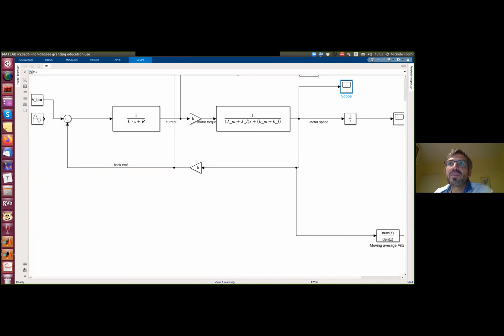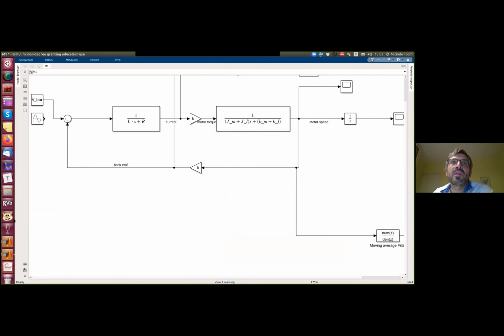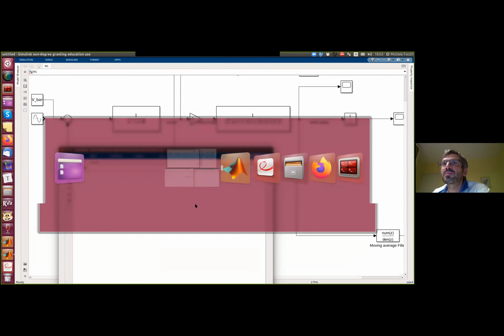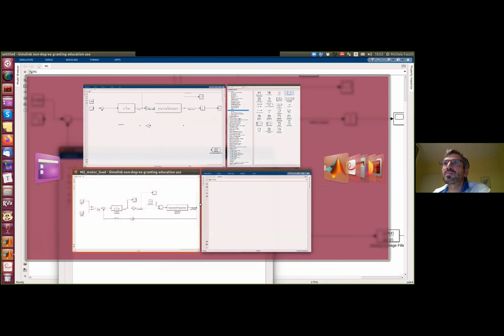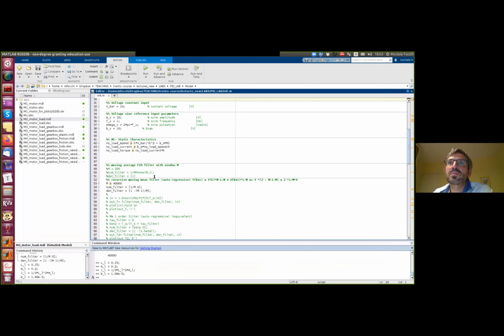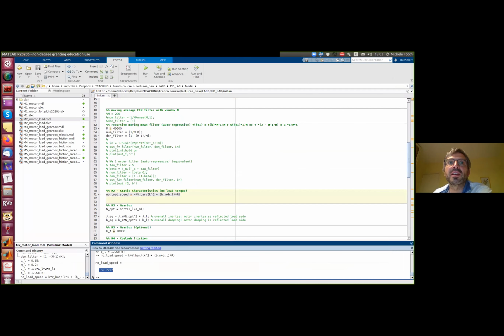So if we want to verify whatever we computed in the class, the no-load speed is computed this time from the motor friction plus the load friction. And we see that is 159.7 as the simulation tells us.